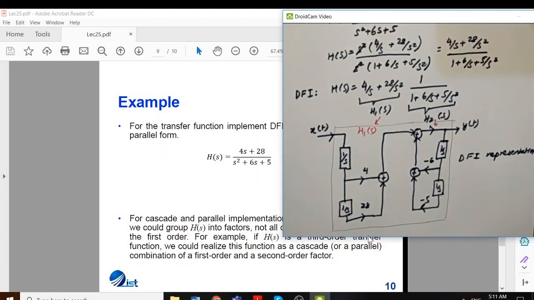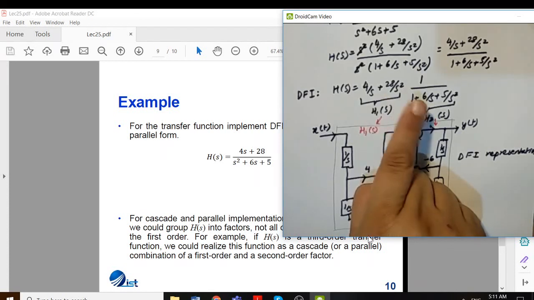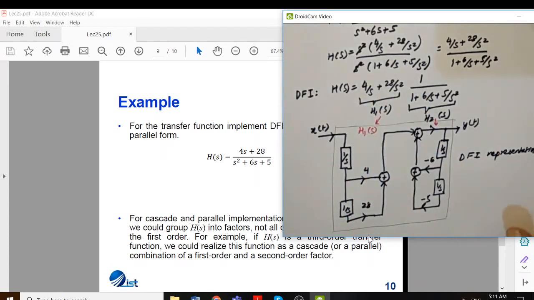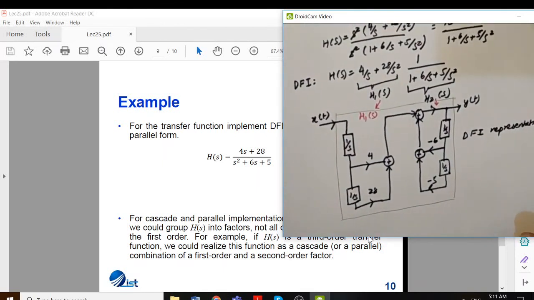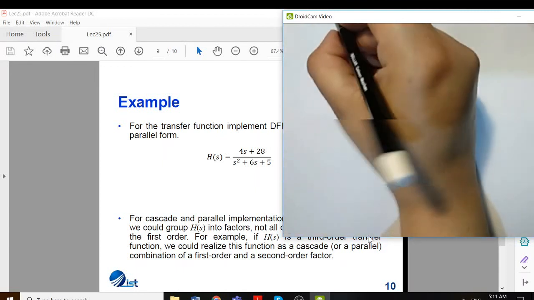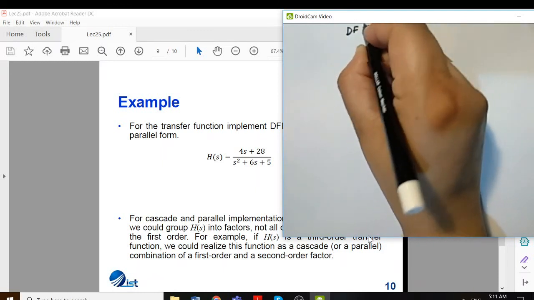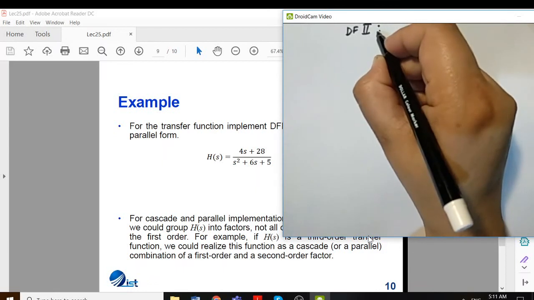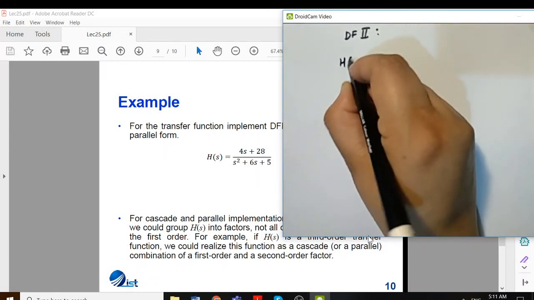Now let's make a direct form 2 representation, and for direct form 2 I'll start with this equation and just reverse the order. So for direct form 2, what we do is reverse the order. So I'll be writing this transfer function again for DF2, H of s.